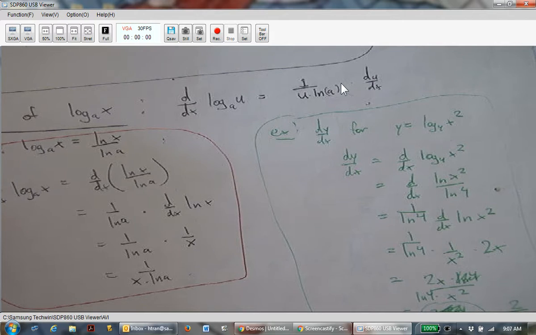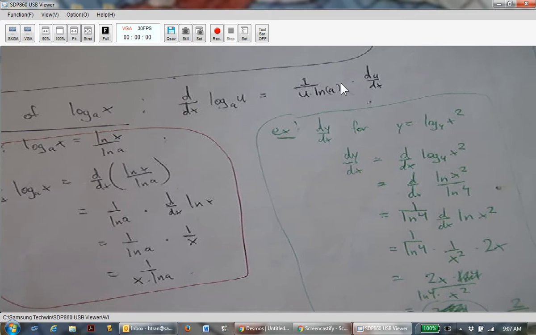So then you can cancel the 2 and that, just one of the x. So first, identify what your a is. Log base 4 of x squared.